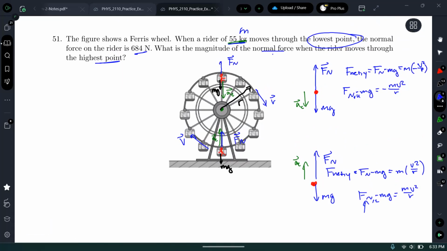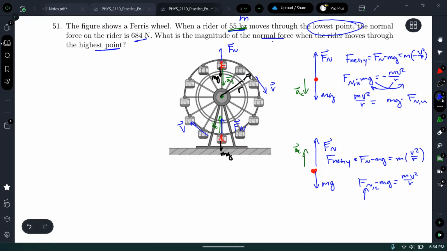So how I would do that is from this first equation, I can write mv squared over r equals mg minus Fn upper. I'm just kind of sliding this term to the left-hand side, sliding everything else to the right-hand side. For the lower portion, I can write mv squared over r equals Fn lower minus mg.